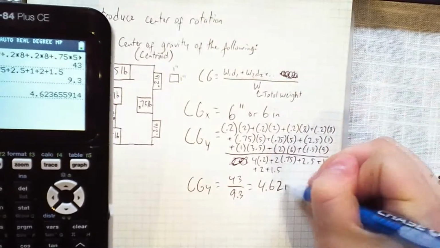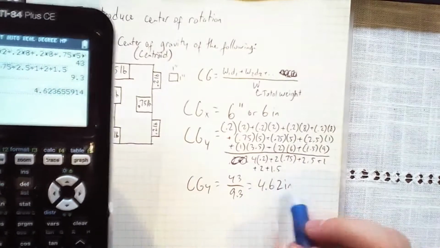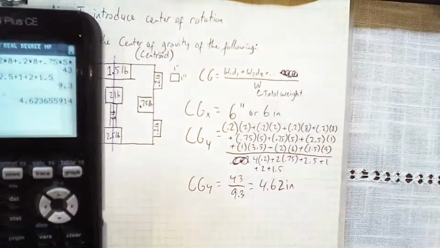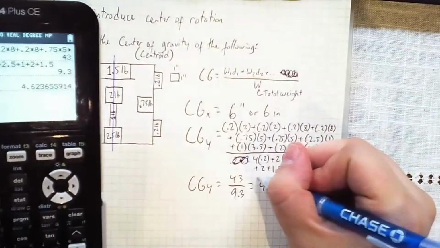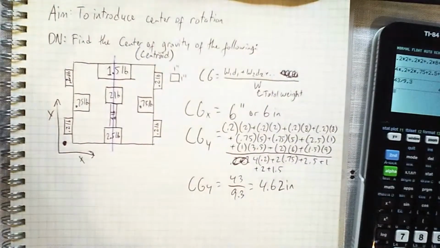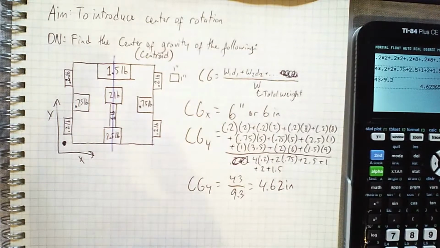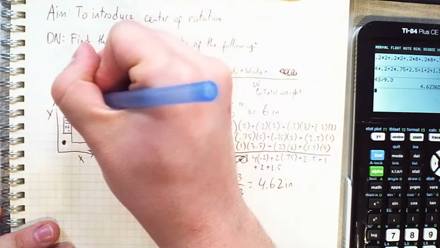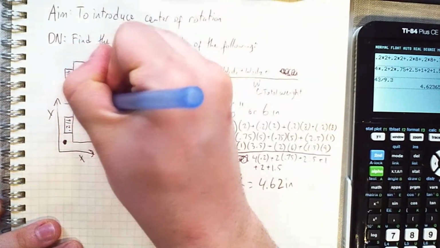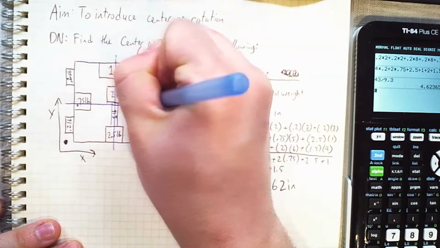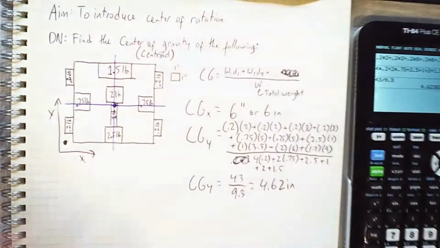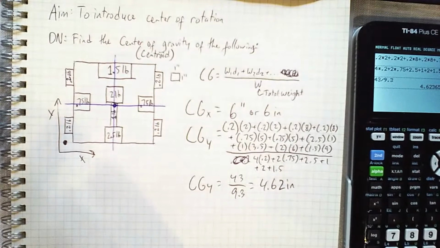And this is going to be in inches because the denominator here is in pounds, and all of these units are going to be inch pounds. We're going to divide everything by pounds, and we're going to end up with inches. So 4.62 inches, that's about 1, 2, 3, 4.62. That's about right here. That's going to be our centroid, the intersection of our center of gravity in the x direction and our center of gravity in the y direction.